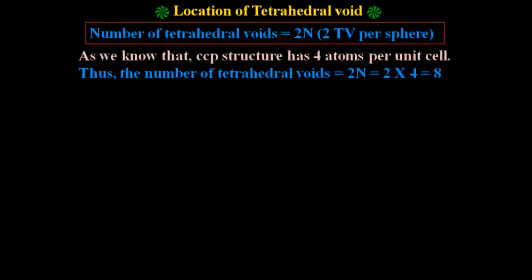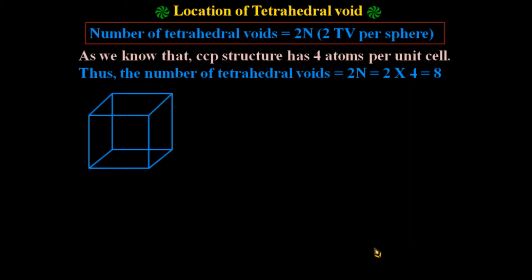Let us consider a unit cell of a CCP or FCC lattice. It has atoms at all corners, as well as in the center of the 6 faces.